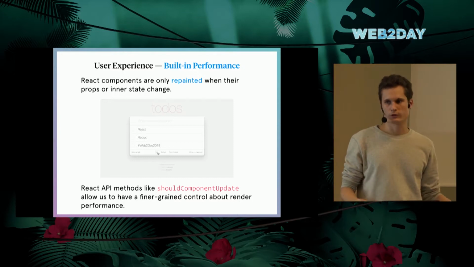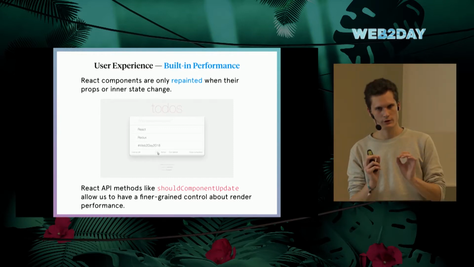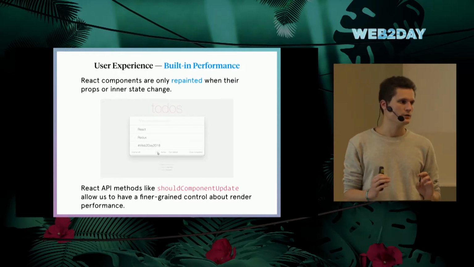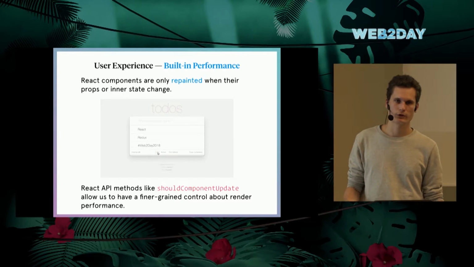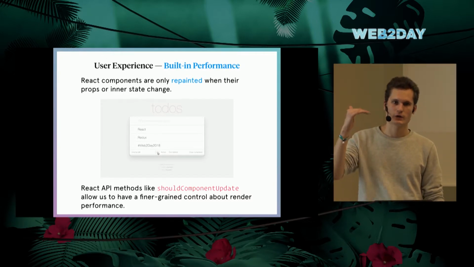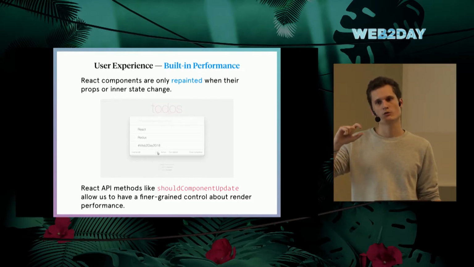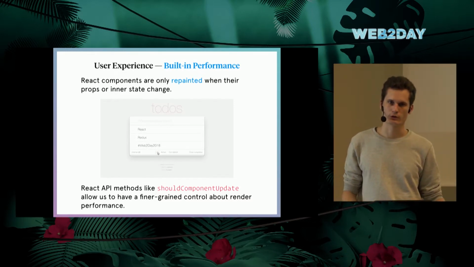And if the defaults that React provides aren't enough for your special use case, you have access to really helpful API methods like shouldComponentUpdate, which let you tell React and the browser when they should repaint some part of the components or the website.